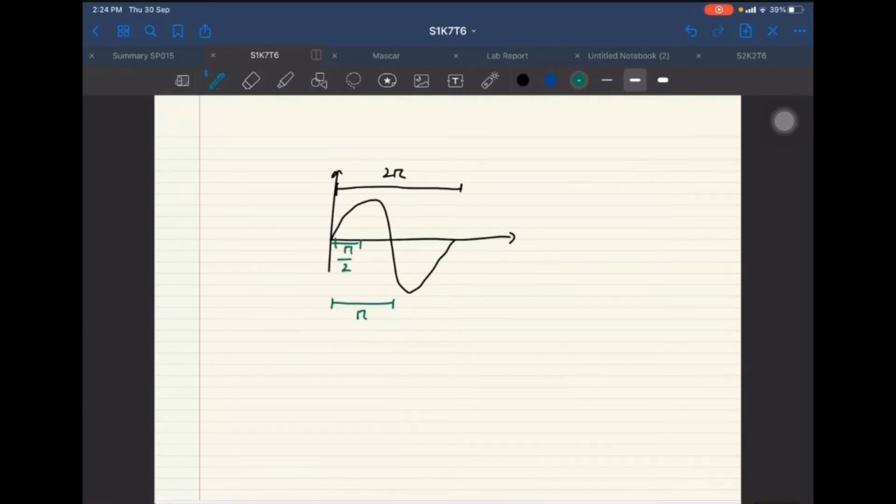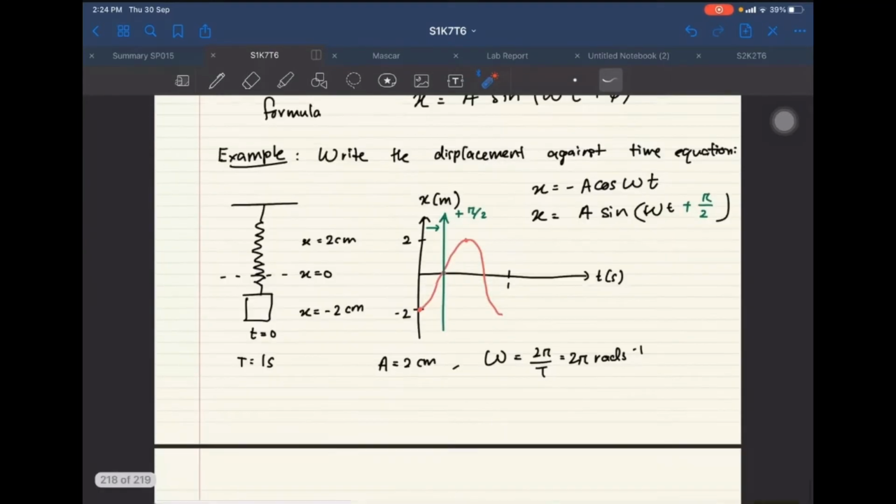And then more like 360 degrees, 180 degrees, and 90 degrees. But we don't write this one in terms of degrees, we write in terms of radian. Kalau this shifted by 2 pi, that means 2 pi lah. Kalau half pi, so pi. Kalau this one is pi over 2. So tadi kita discuss dekat sini je, dia bergerak. So going back to here, dia gerak sini, so pi over 2, so positive pi over 2.